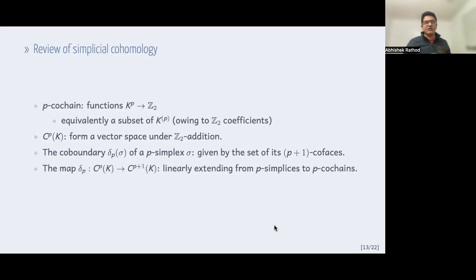And then if you linearly extend this map from p-simplices to p-cochains, you get a vector space homomorphism from the p-cochain group to the (p+1)-cochain group. The rest of the vector spaces are defined in terms of the kernels and images of these maps.